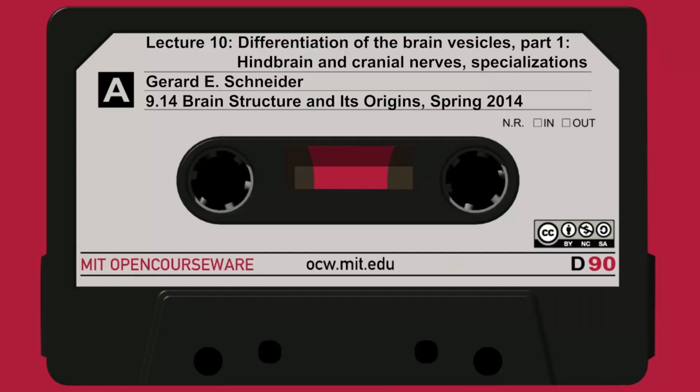Let's see what else. I want to say a little more about the trigeminal system. In this picture, I'm showing where they are in the embryo, and then here they are in the hindbrain again. Okay?